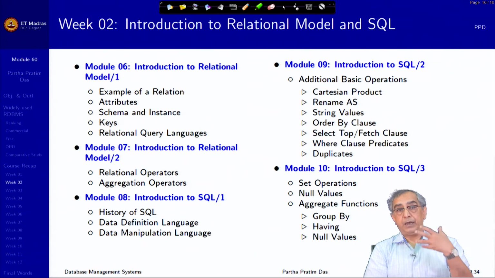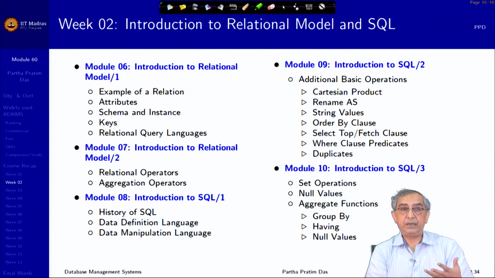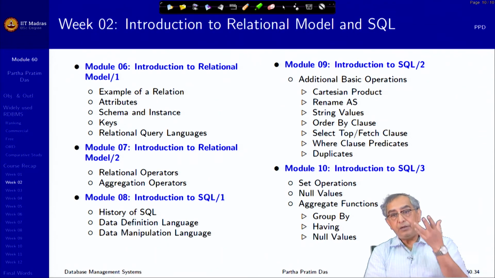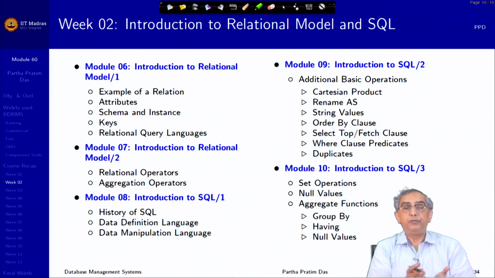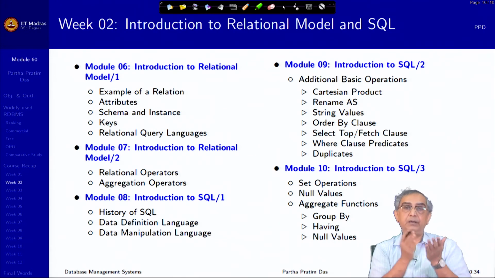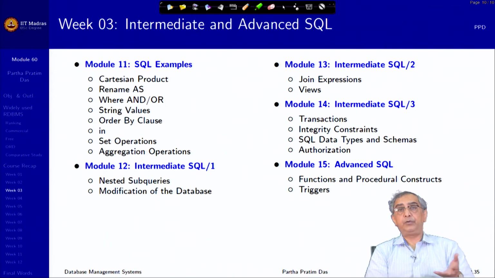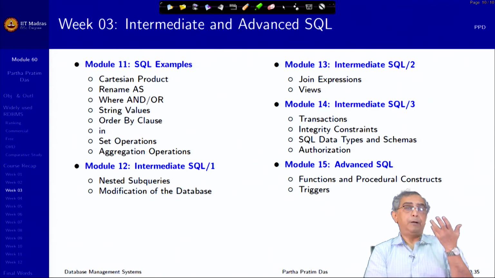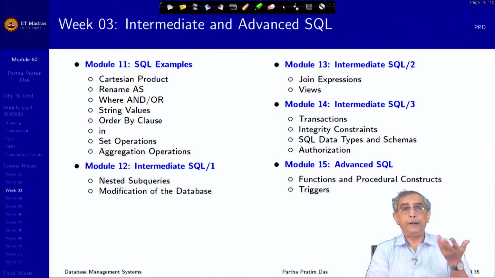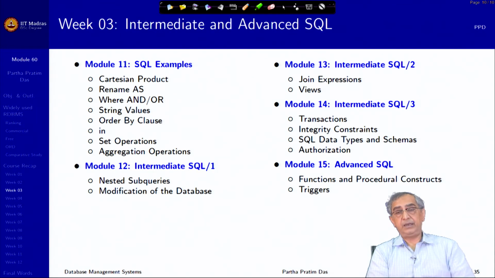So, we talked about the relational model, the basic features of that, and introduced you to the basic formulation of relational query, which starts with data definition and manipulation languages and has additional features. We moved on to delve deeper into the relational model at intermediate level, taking examples, talking about nested queries, join expressions, views, transactions in SQL, integrity, authorization in SQL, and took up some advanced SQL features also.